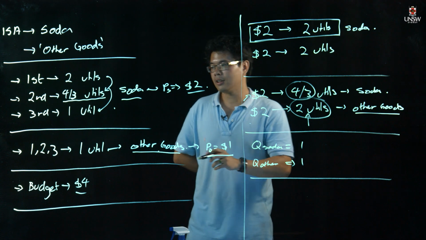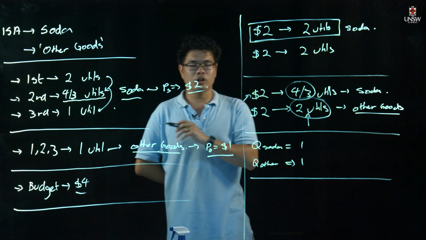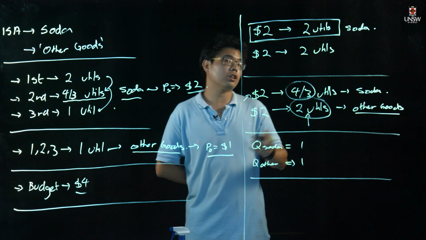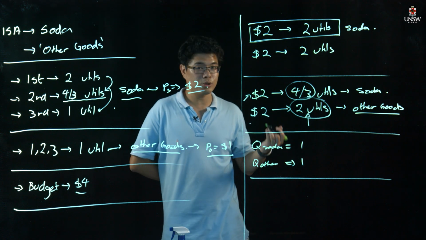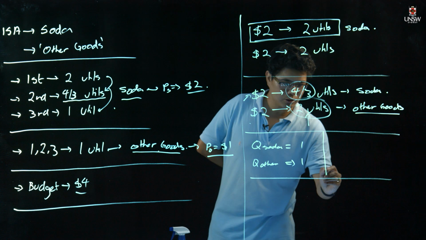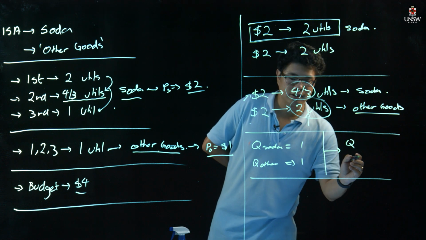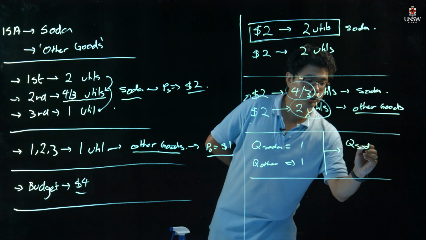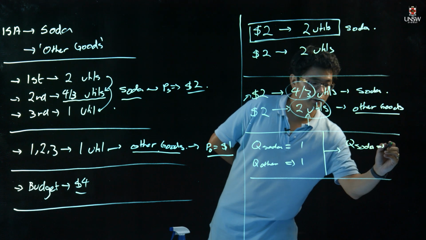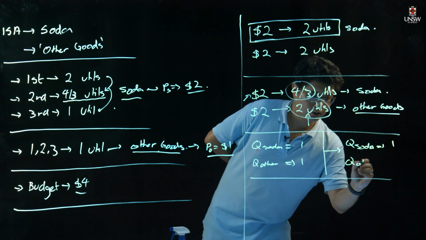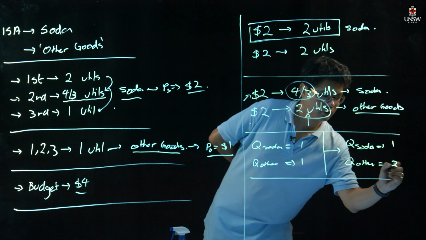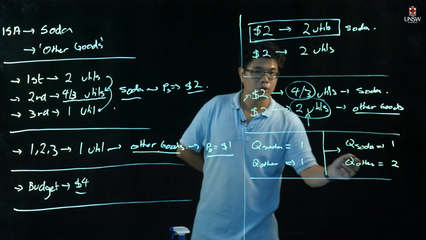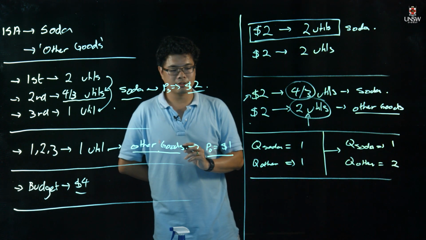Again, if you divide 4/3 by 2, you're going to get 2/3, and that's less than 1. So most certainly not. As a result, Isa's consumption, if she were to exhaust her budget, is basically 1 soda and 2 of other goods.